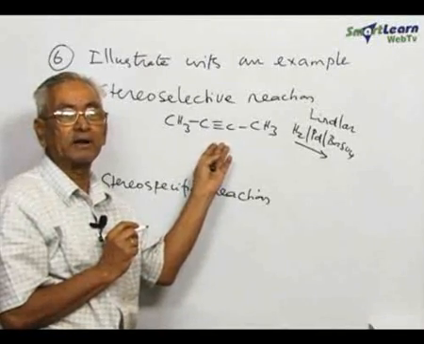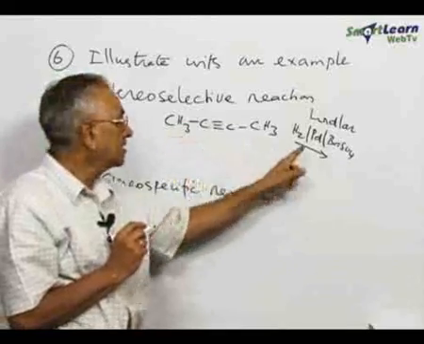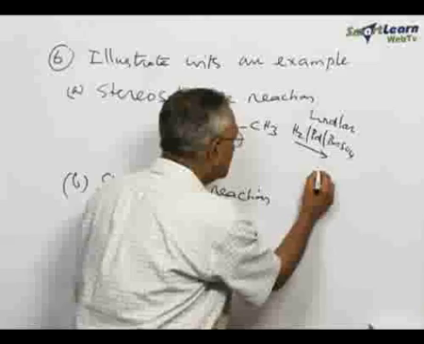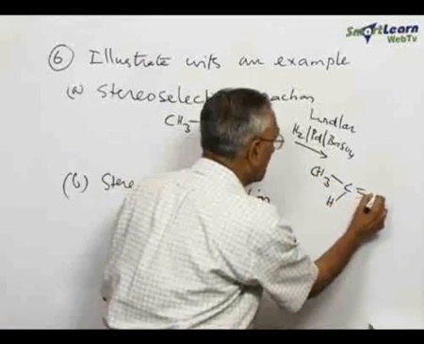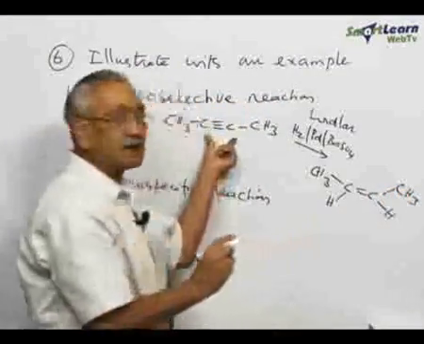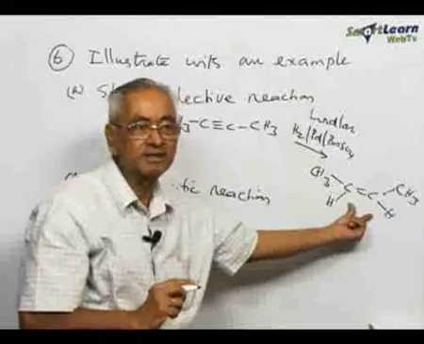With hydrogen over platinum or hydrogen over nickel, it will lead to the formation of butane. But the advantage of this reducing agent is that the reduction stops at the olefinic stage. Acetylene becomes an olefin and it stops there.